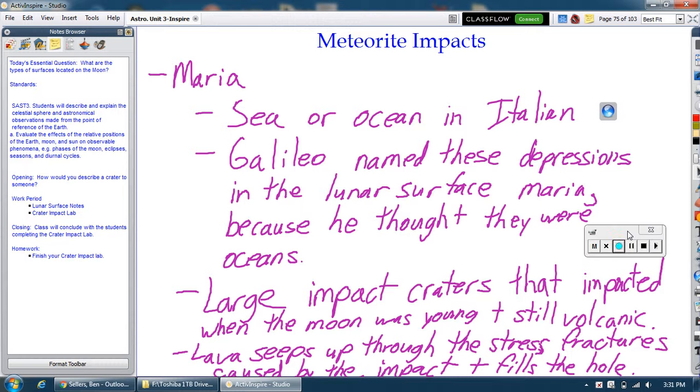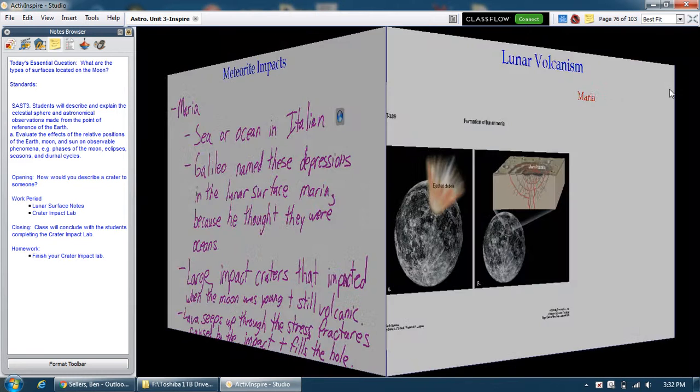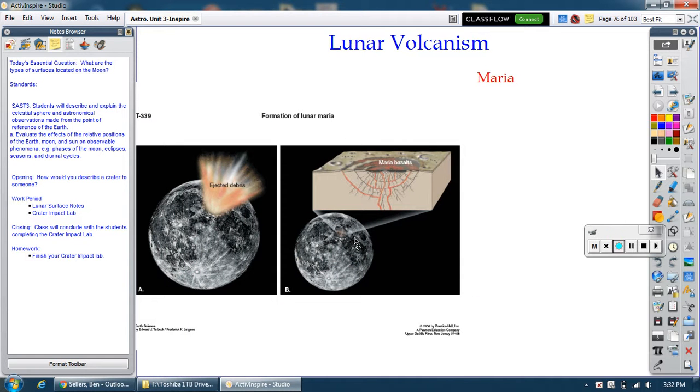So what causes them? Well, large impact craters, when the moon was still volcanic and young, when they were colliding onto the planet or onto the moon, cracked the crust enough to where magma could leak from the still warm mantle underneath, and it filled up those depressions. And I like this diagram because it really shows it.